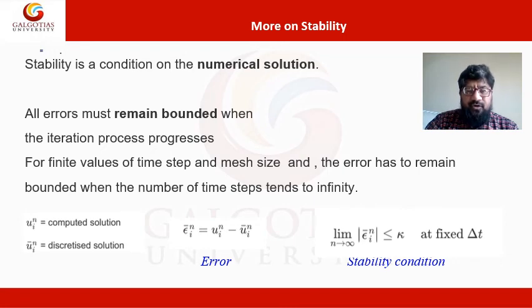So for stability, when the time step tends to infinity, this error must be lower than a value. The magnitude of error must be bounded in a certain region.